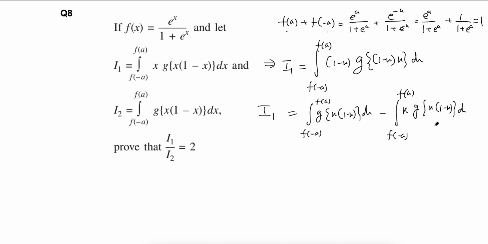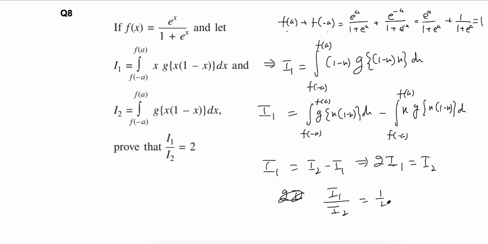This is nothing but I1 itself, and this is nothing but I2. So we got I1 equal to I2 minus I1, which indicates 2 I1 equal to I2. Question over. Something mistake I did. This is I2, this is I1. So 2 I1 equal to I2 means I1 by I2 equal to 1 by 2.